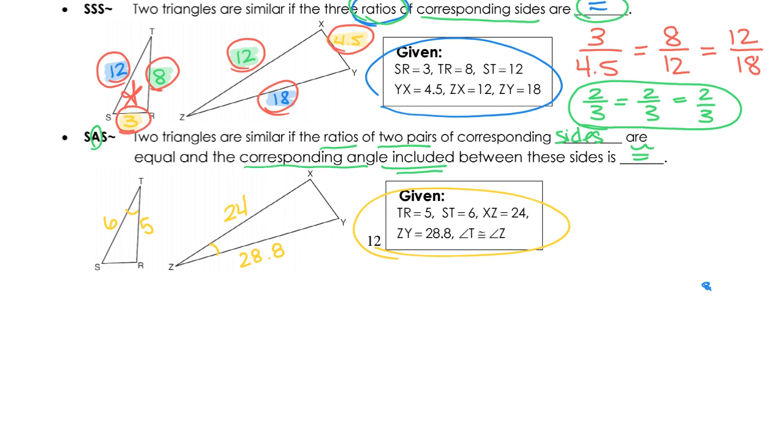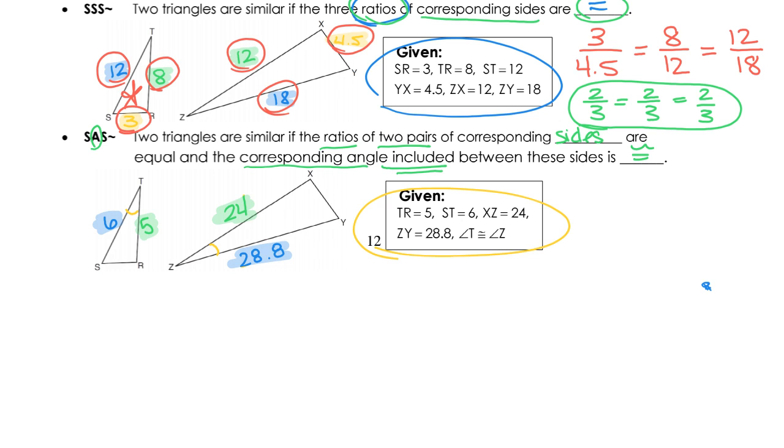All right, so it looks like side angle side, the angle is between the sides, but we still have to do the comparing of the sides like we did in the last one. All right, so remember, small goes with small, medium goes with medium, large goes with large. And since we only have two, we'll only have a small and a large. All right, so small and small, large and large.